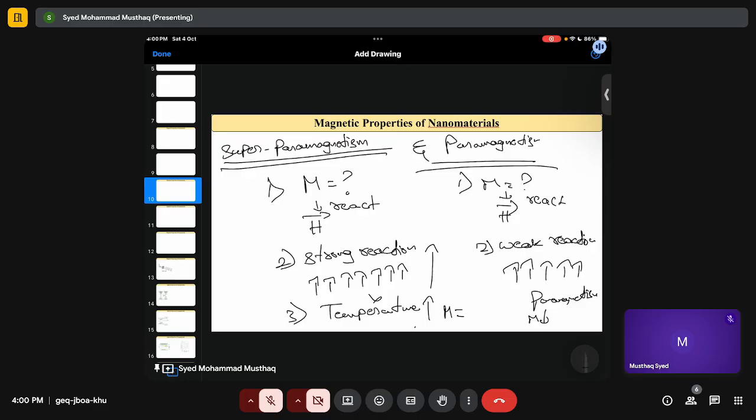And whenever you start decreasing your grain size, the domain size will also start decreasing. Whenever you decrease the domain size, you are increasing your domain walls. I will just write it, that will be much more proper.